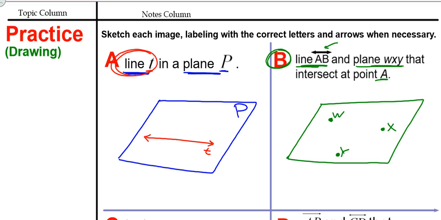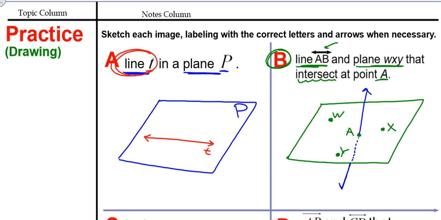And now we're going to put line AB so that it intersects at point A. It has to go through. We don't have point A on there yet, so we're going to put point A on. And now we're going to draw a line. When we draw a three-dimensional line that's going to go through this plane, we're going to draw the top half. And then we're going to put dotted lines here because it's behind the plane.